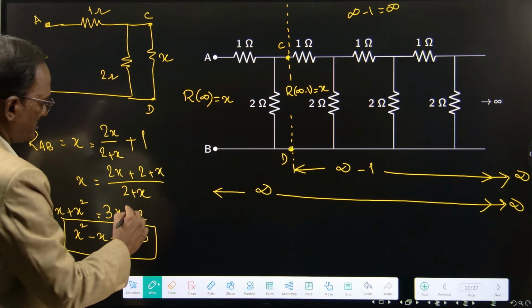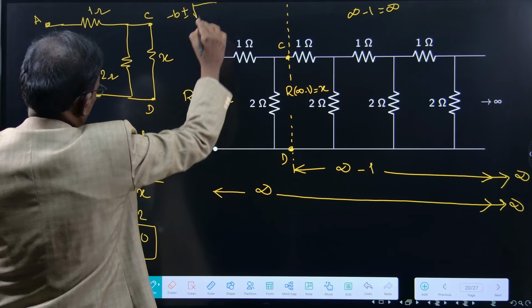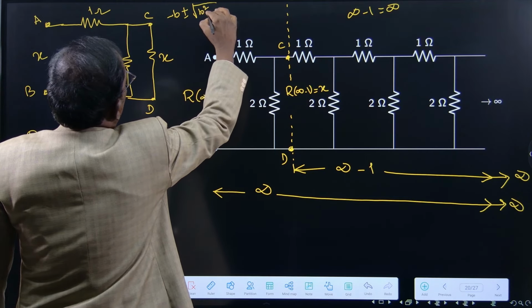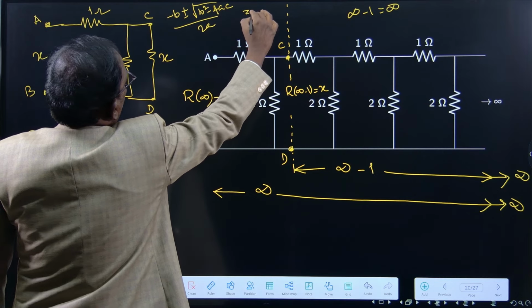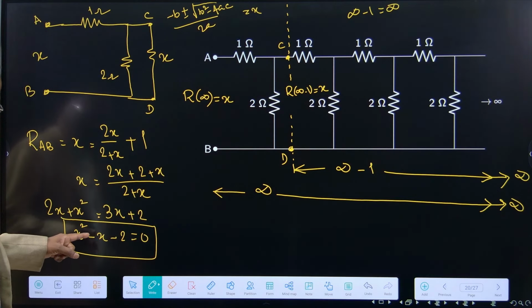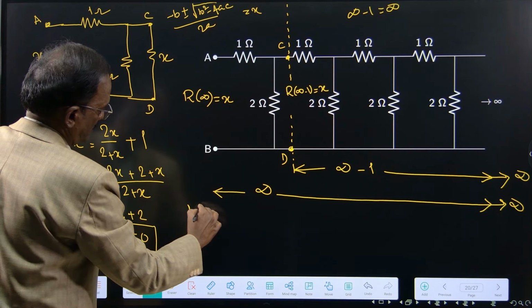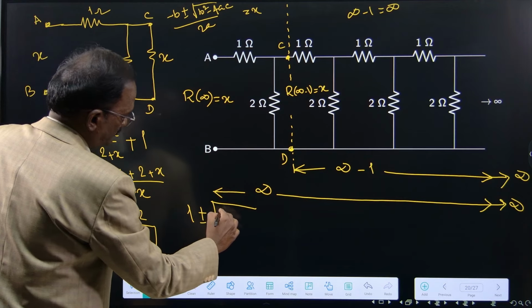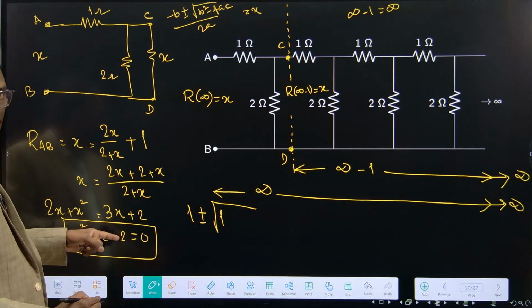So we can use the formula x equals minus b plus or minus square root of b square minus 4ac, divided by 2a. Minus b is plus 1, plus or minus square root of b square, which is 1, minus 4ac.